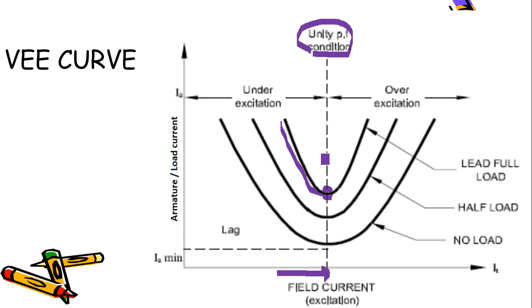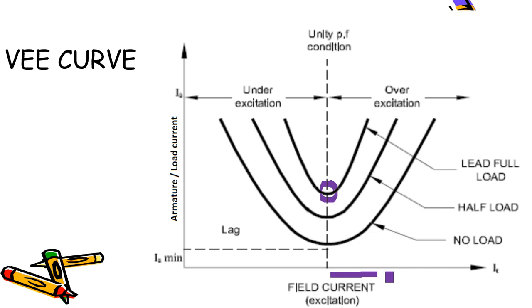So under unity power factor, the load current becomes the lowest value, and still if we are increasing the field current, what happens? The synchronous motor will be overexcited.